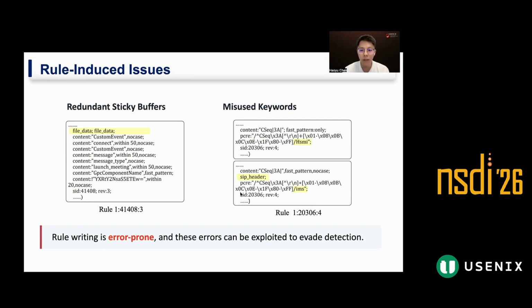For instance, some SIP rules use a PCRE modifier that's intended for normalized HTTP headers. This distorts the semantics of the rule. These examples show that rule writing is error-prone, and such errors can be exploited to evade detection.